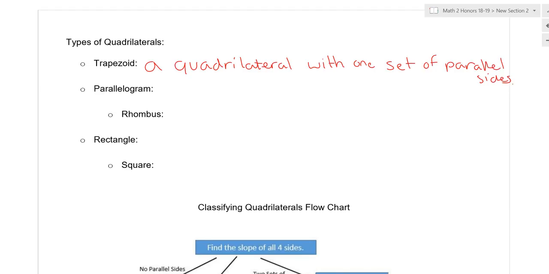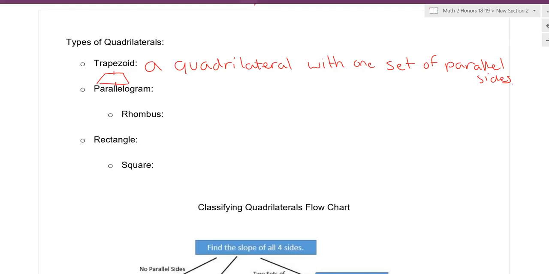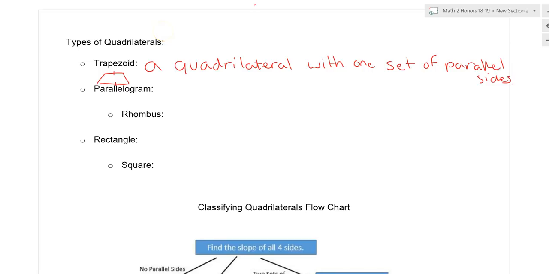It looks like that. So this side and this side are parallel. The other thing I'm going to do is highlight here parallel sides, meaning if I'm going to prove something is a trapezoid, I need to prove those sides are parallel.